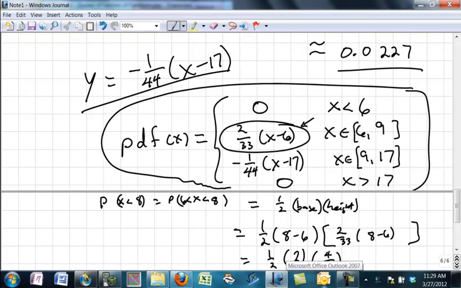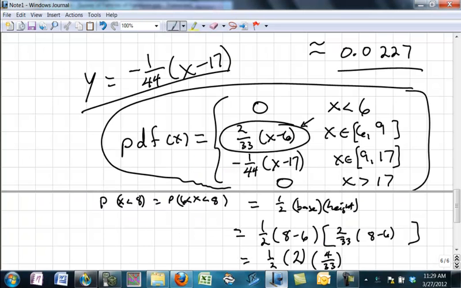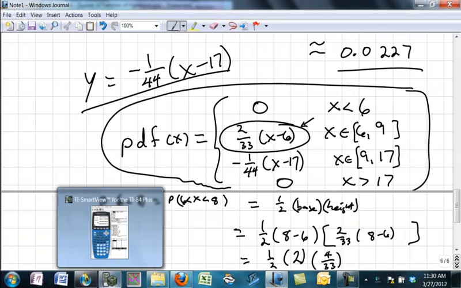Over here the height is 2 over 11, but here it's 2 over 33. It's shorter. It's a third. 4 over 33 is 2/3 of what it is here. Yeah, that looks right, about 2/3.